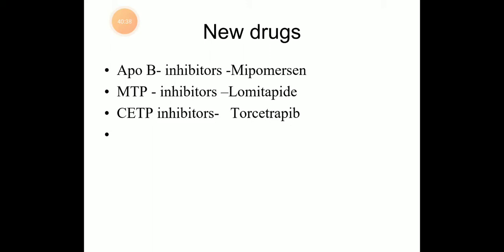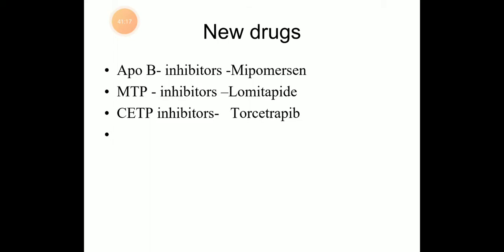By blocking that particular PCSK9, these drugs like alirocumab and evolocumab increase the availability of LDL receptors to remove LDL cholesterol and reduce its blood levels. The expression of LDL receptor and PCSK9 are dynamic processes that respond to serum concentration of LDL cholesterol.